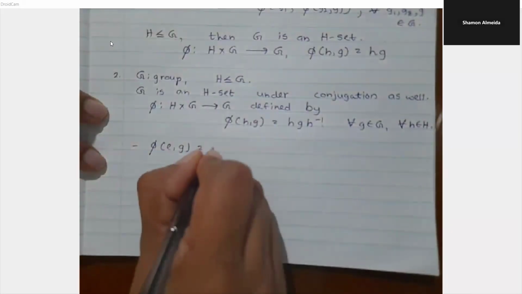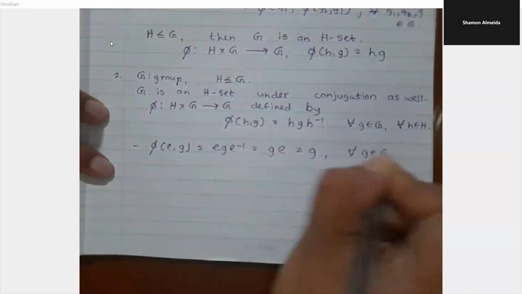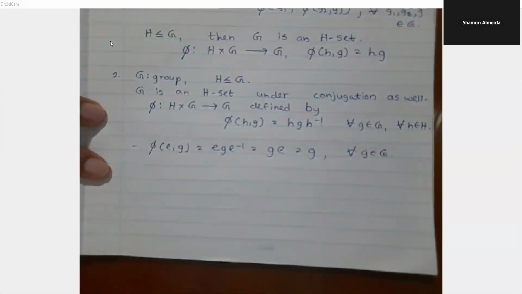H is a subgroup once again, therefore the identity is in there. This by definition is what? Identity times g times identity inverse. The inverse of the identity is simply the identity. Identity times g is simply g. This is equal to g by definition of the identity. The first condition is satisfied, right?